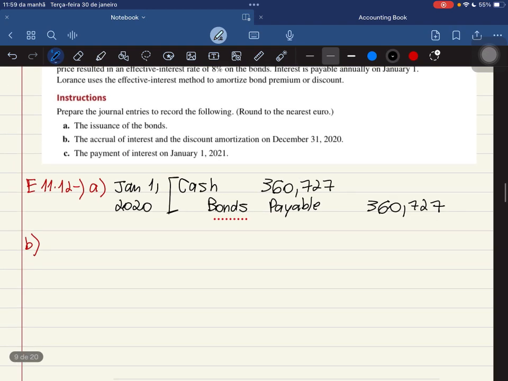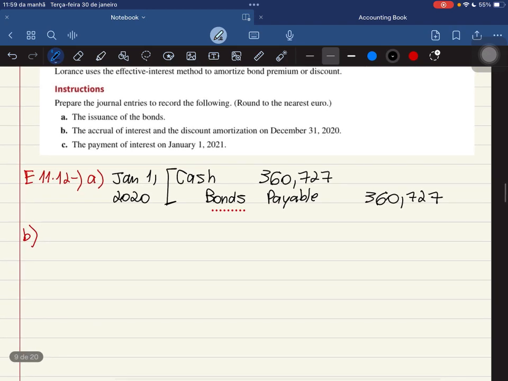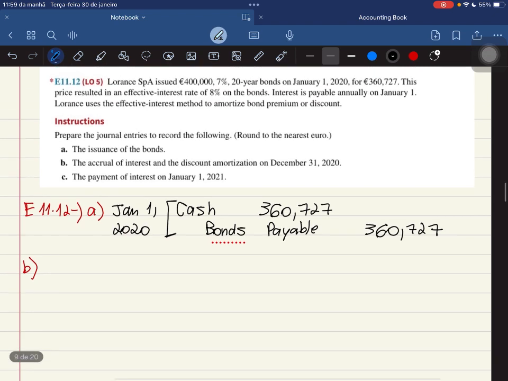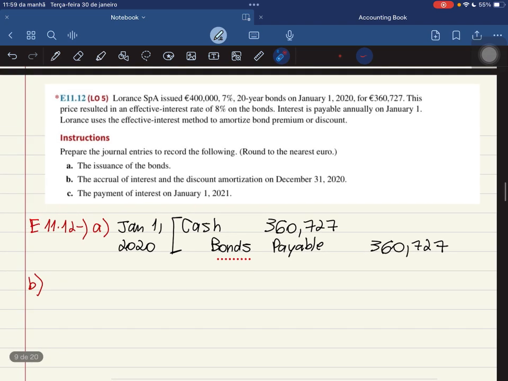B. The accrual of interest and the discount amortization on December 31st of 2020. Every time you hear discount amortization or premium amortization, that means you're going to have to make a table. Here we know that we're talking about discount amortization because they just mentioned it to us, but besides that, we also know due to the numbers that they gave us.